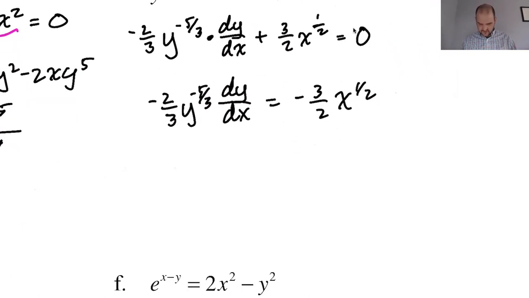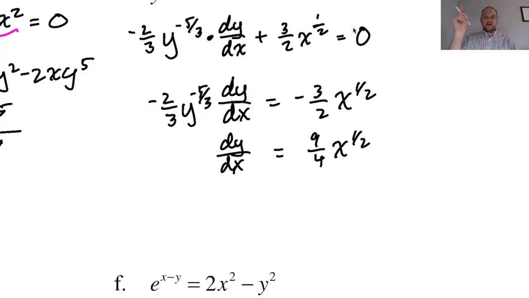And then I'm going to multiply by negative 3/2, which clears out the negative 2/3 and gives me 9/4. There's an x to the 1/2. I'm going to divide by y to the negative 5/3, but that moves up as y to the positive 5/3. All right, let's go to the calculator and check that one.